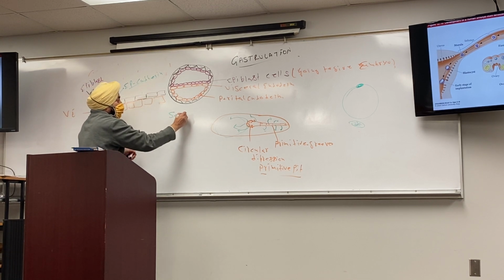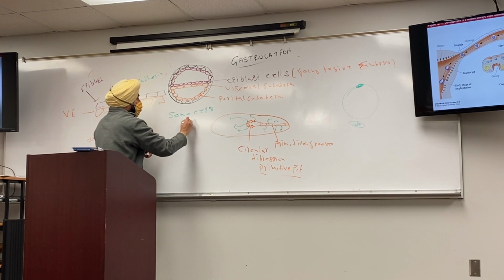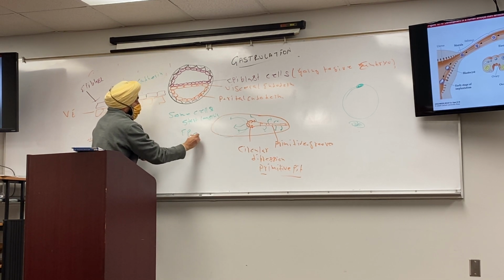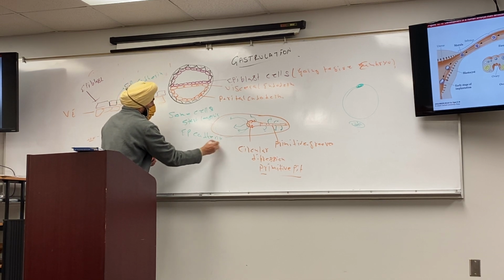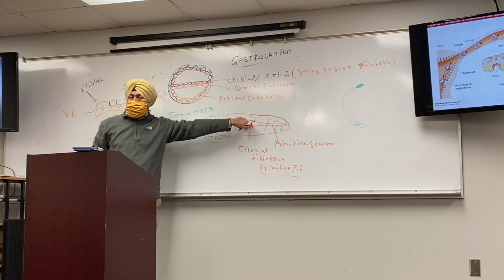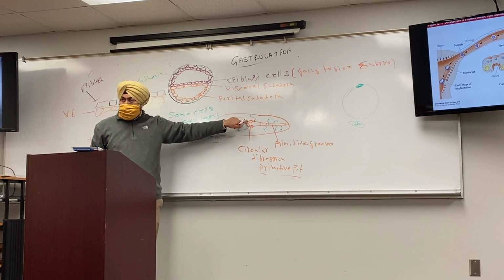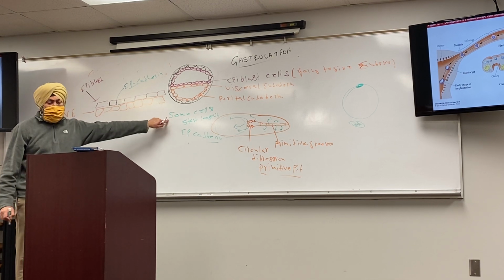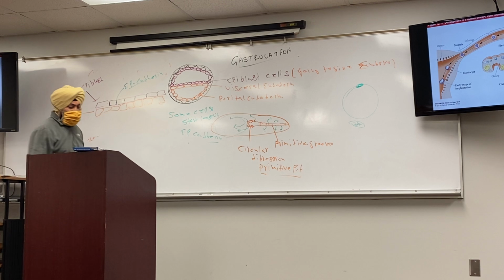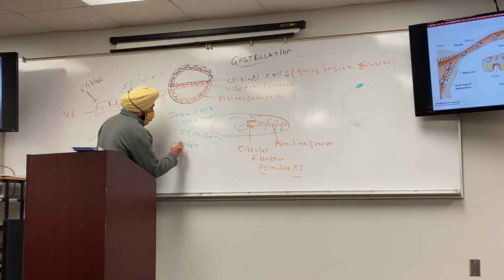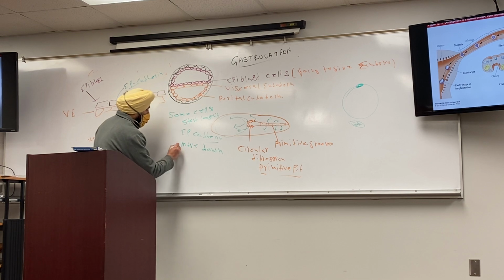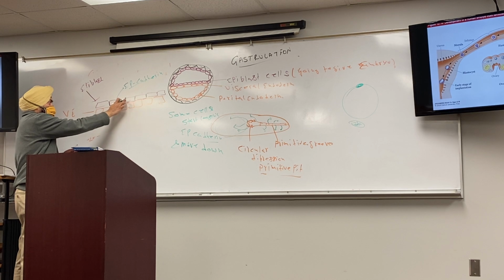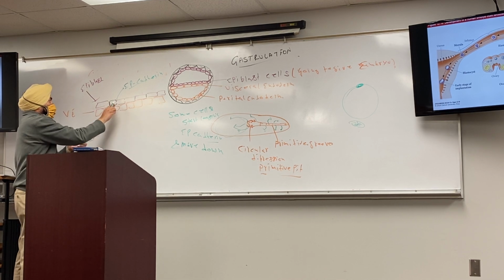So some cells start losing E-cadherin. And definitely that starts from here, from the circular depression, what we call the primitive pit, from this area, right from the center. And when they lose E-cadherin, they move down. So E-cadherin is gone, E-cadherin is gone, and these cells start moving down.